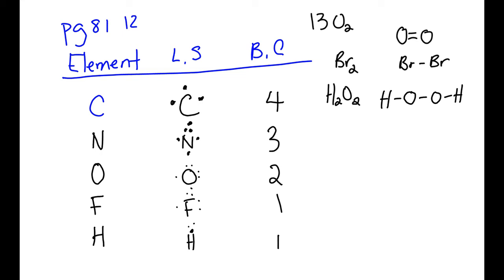H2O2. How about C2H4? I've got 2 carbons, 4 hydrogens. Which ones do you think go in the middle? Carbons. So let's put our carbons in the middle. Let's put 1 bond between them so we know they're connected. 4 hydrogens. Do you think 3 and 1, or do you think 2 and 2?